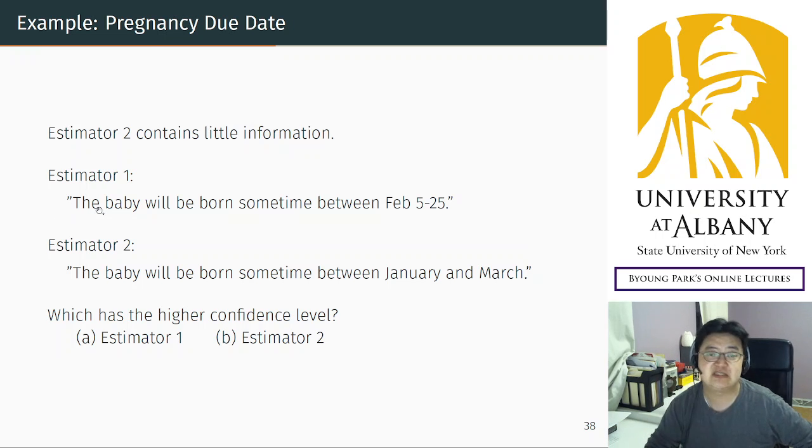It's a better advice, right? But theoretically, estimator 2 has a higher probability of correct estimation. So estimator 2 is more likely to be correct because it's wide.